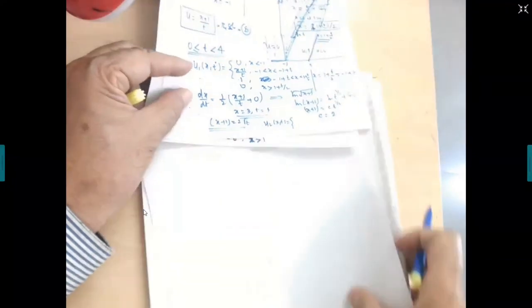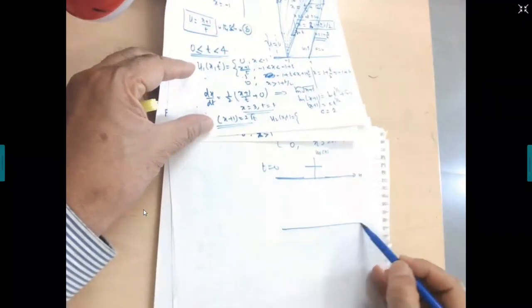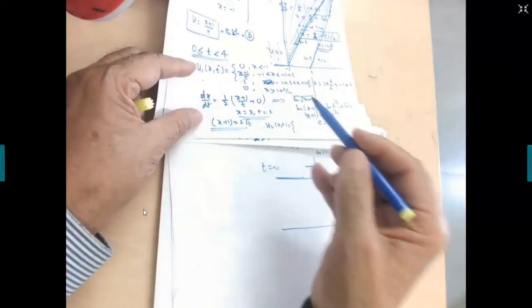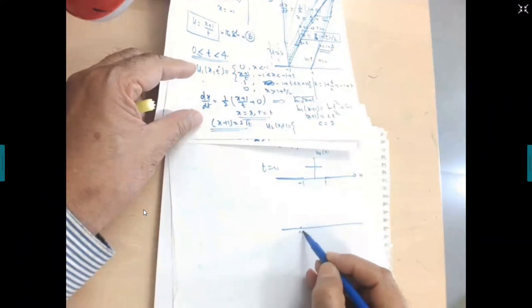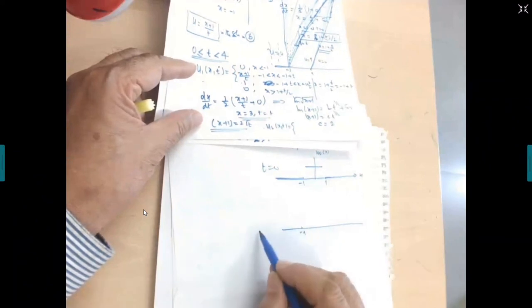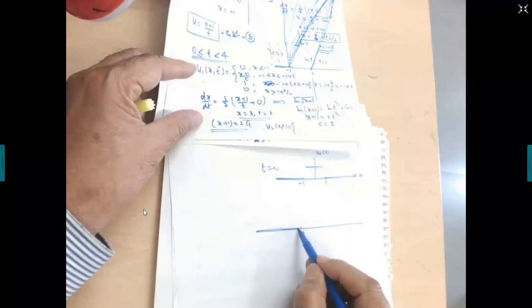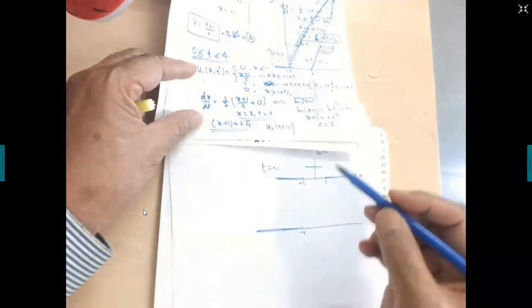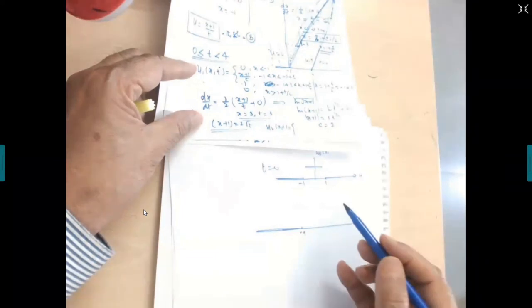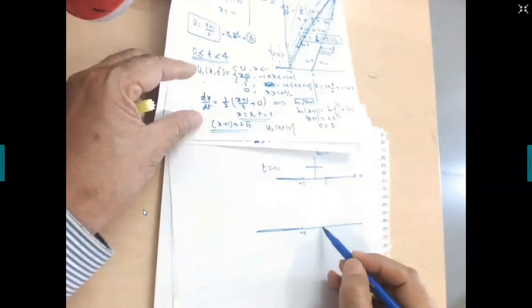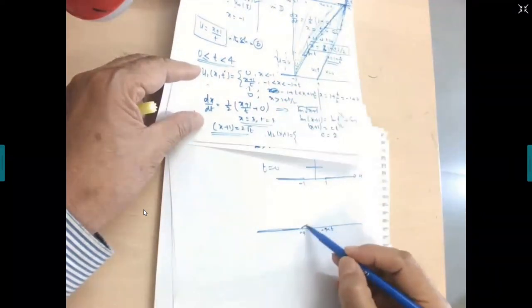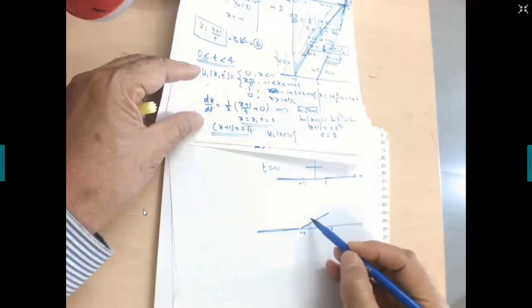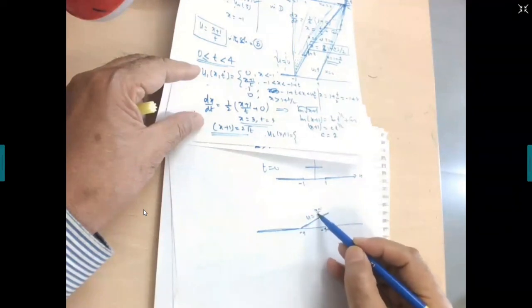So look here, what is the later solution? When x is less than -1, it is 0. This is your -1, this is your 1. From -1 to -1 plus t, it is a straight line: u is equal to x plus 1 upon 2t.